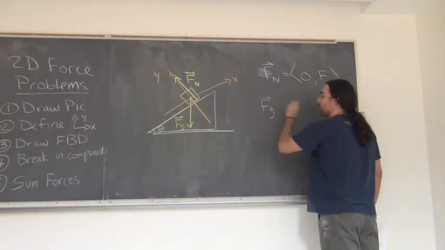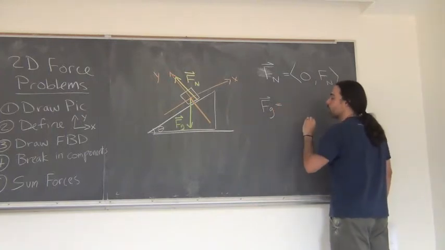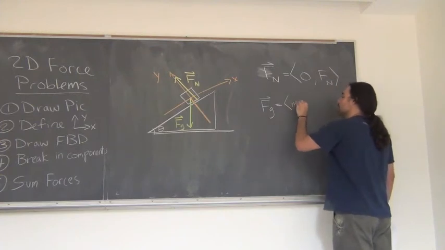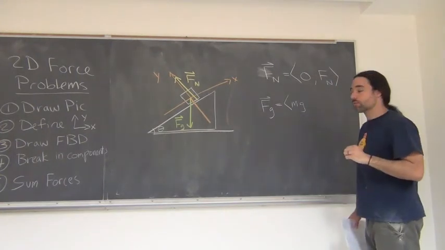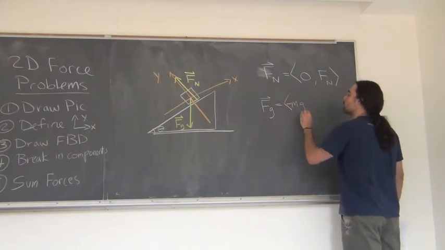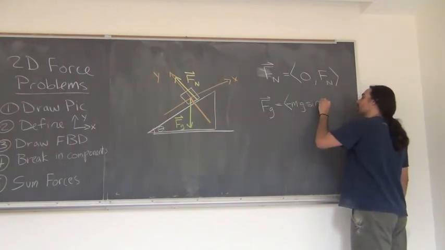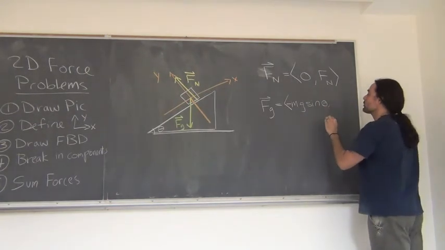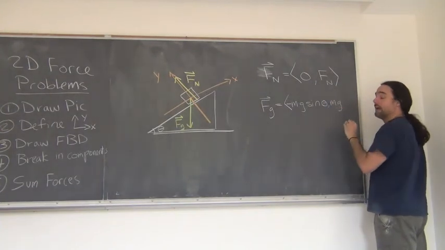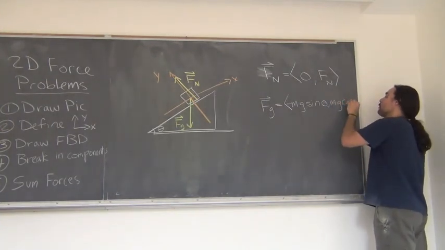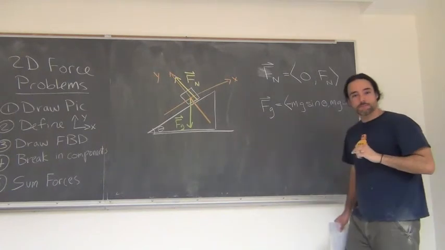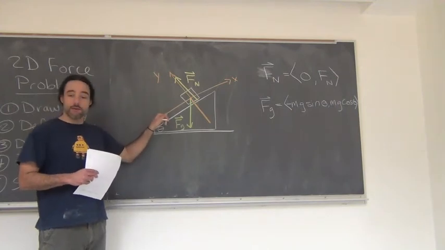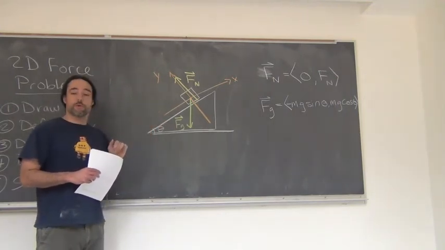So the force of gravity is going to be mg, but some of it points in the x direction. And we showed before that that was going to be given by the sine of theta. And along the y direction, it would be mg, if you work out the geometry, times the cosine of theta. You can figure that out using SOHCAHTOA and similar triangles based on the direction of the force of gravity.